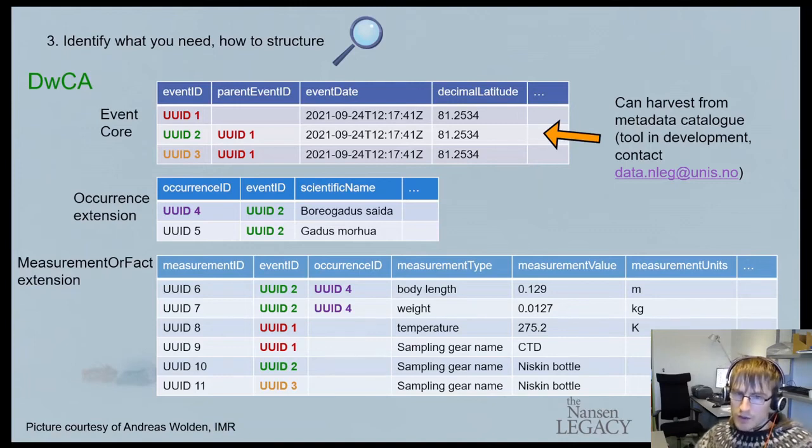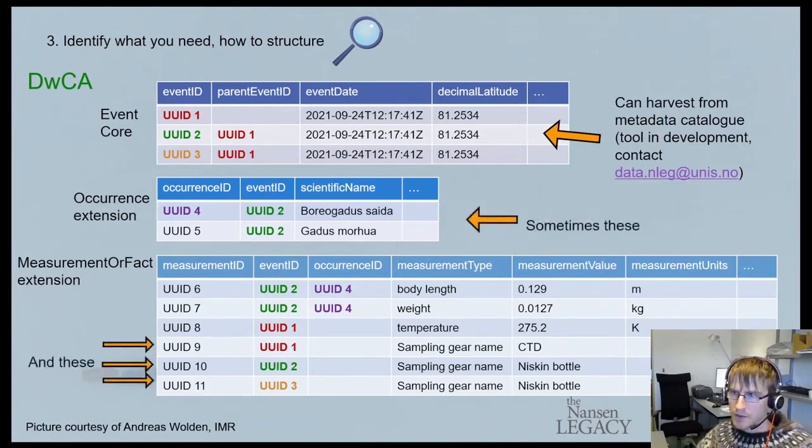So I'm working on a tool that will allow you to retrieve this information automatically, and will just create your event log for you, as long as you provide some IDs for your sample that can relate to those events. But in the meantime, if you're doing this before this tool becomes available, just contact me and I'll help you create this.